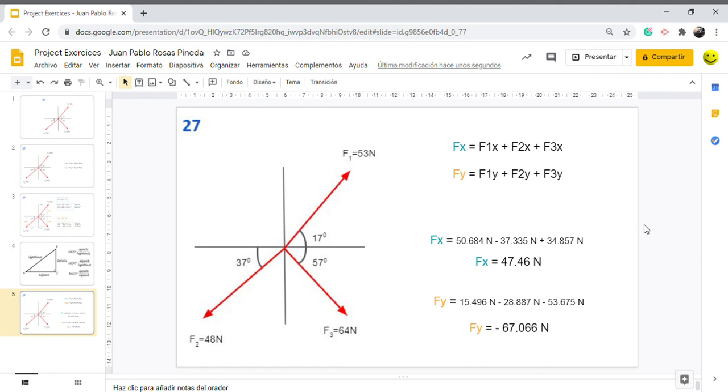Now remember to put newtons because we have to specify what they are.